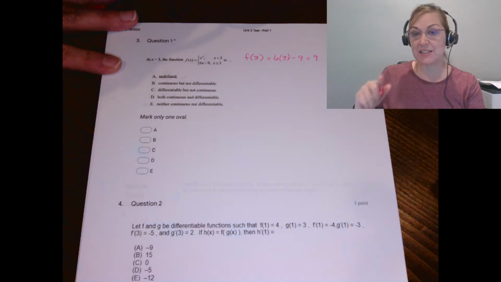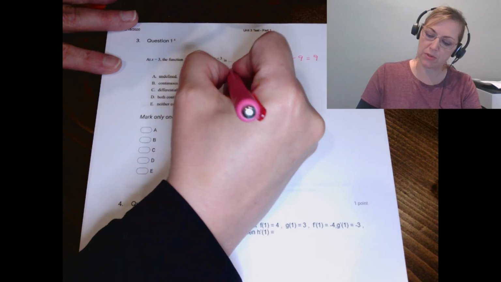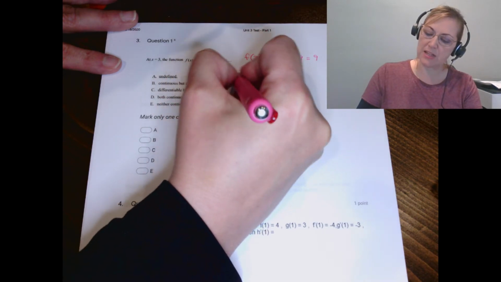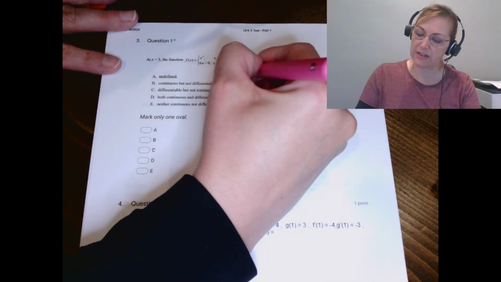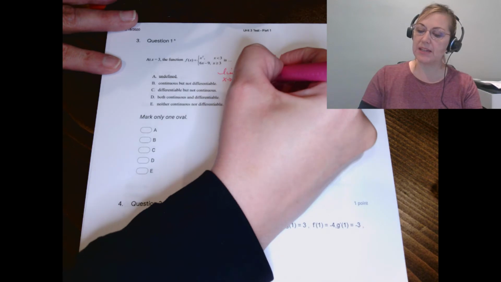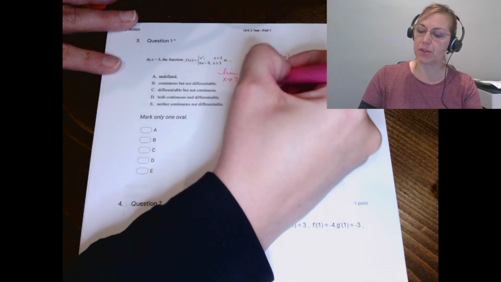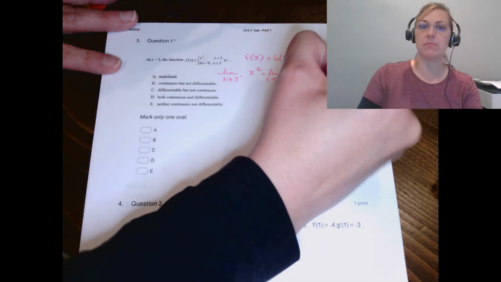Now, in order to be continuous, we've got to have the limits on both sides as we approach 3 equal to each other. For the limit as we approach 3 from the left, we would use the top piece. And for the limit as we approach 3 from the right, we would use the second piece.